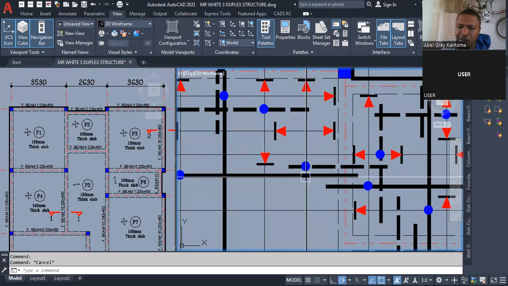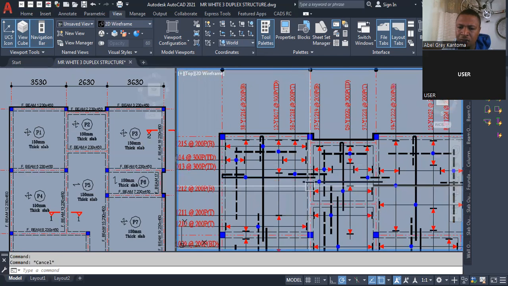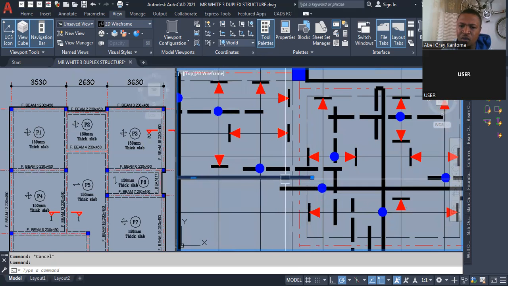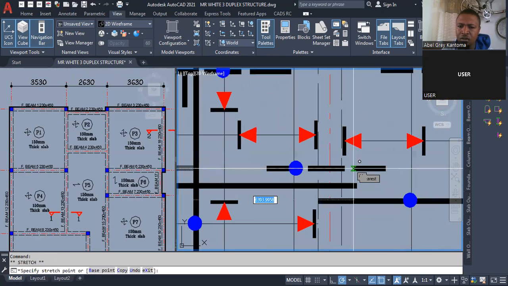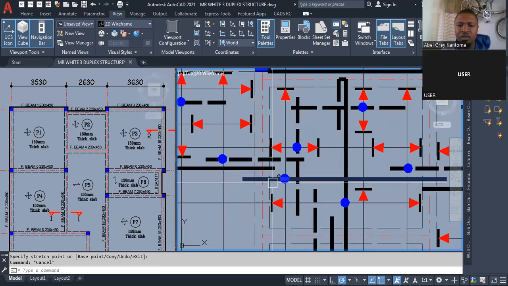Can it extend into the other slab, or will it stop at the beam? Which other slab? This one? Yes. You mean extend to this place? Yeah. Is it going to stop at the beam or extend into the other slab? Look at where I stopped it here. This is the second slab here. This one stops here.